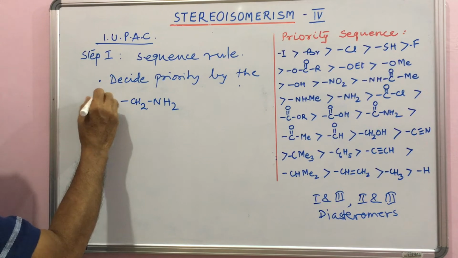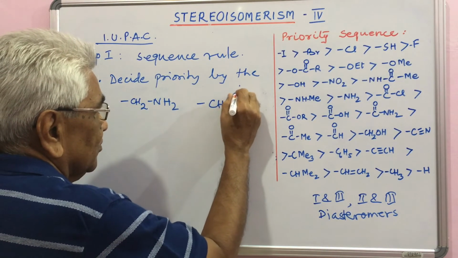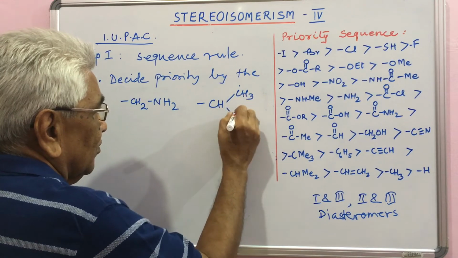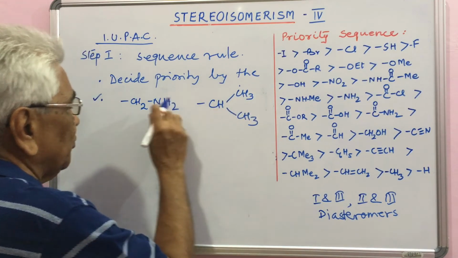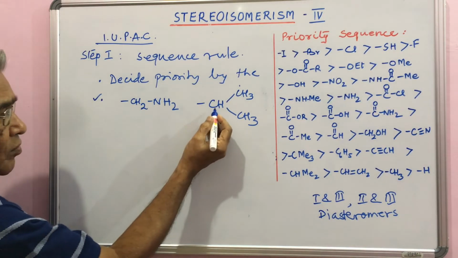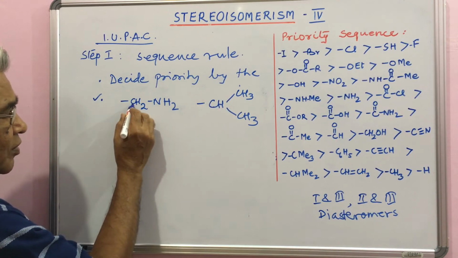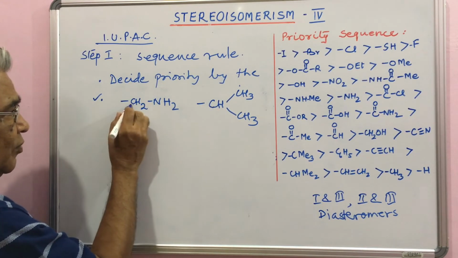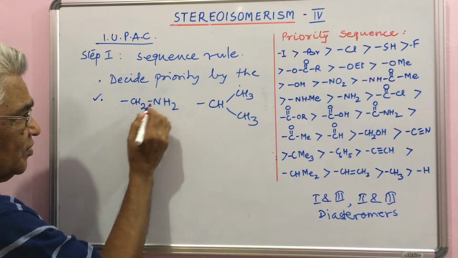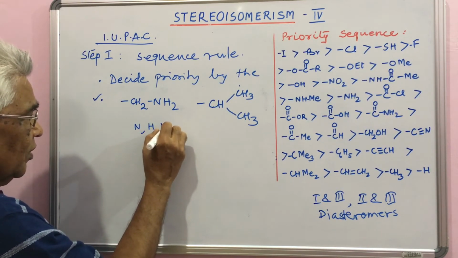Very important to note, if it is attached like this, isopropyl group and methylamino group. This is carbon, not decided by these two atoms. This is attached to nitrogen, hydrogen and hydrogen.